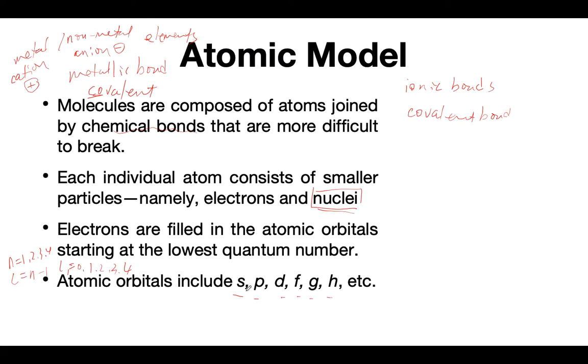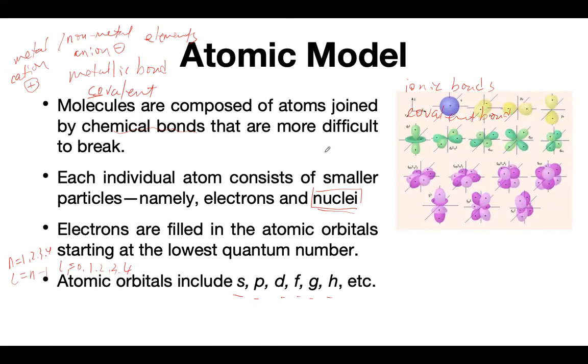So the s orbital corresponds to l equal to 0, the p orbitals to l equal to 1, and l equal to 2 will be d orbitals. Now you probably have learned the shape of each atomic orbital, right? We use the model again here. So let's see what the atomic orbital looks like.